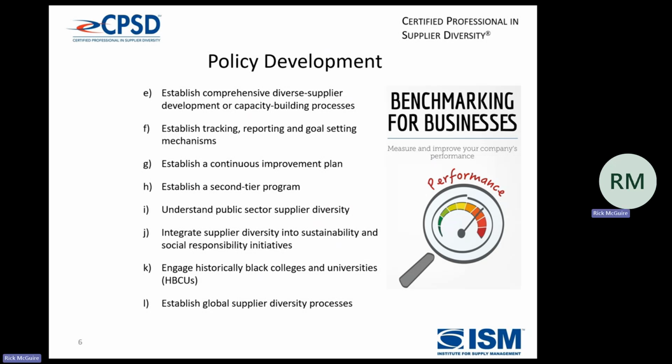Also want a second tier supplier program, so you want your tier 1 supplier to have a program where they're monitoring their tier 1s, or your tier 2s. Understand public sector supplier diversity, integrate supplier diversity and sustainability and social responsibility initiatives, engage historically Black colleges and universities, establish global supplier diversity processes.